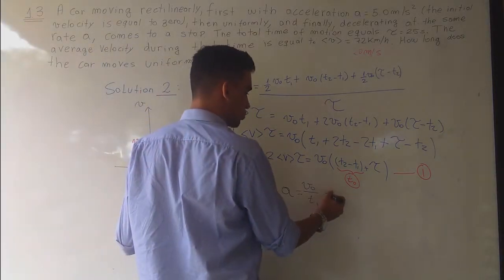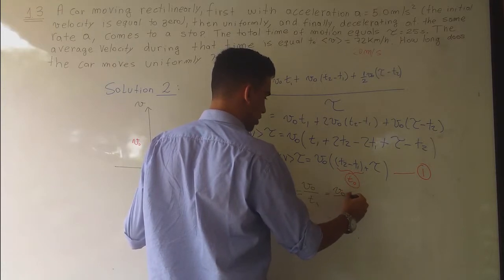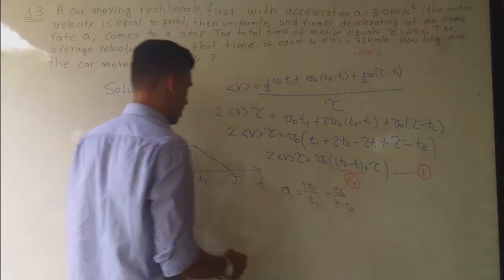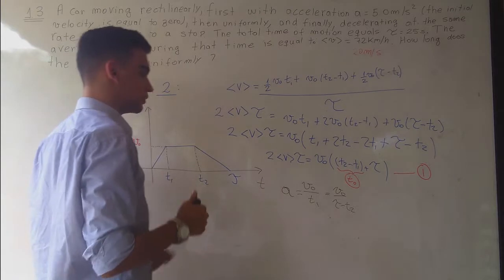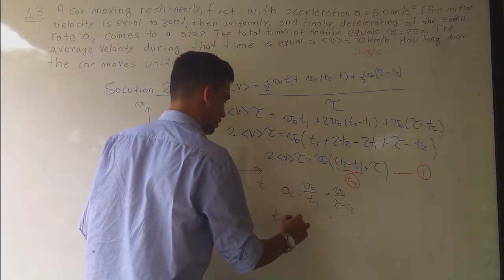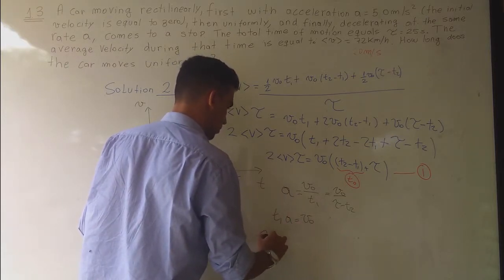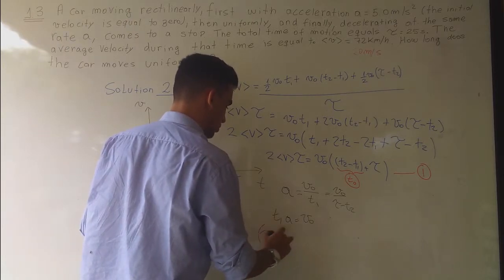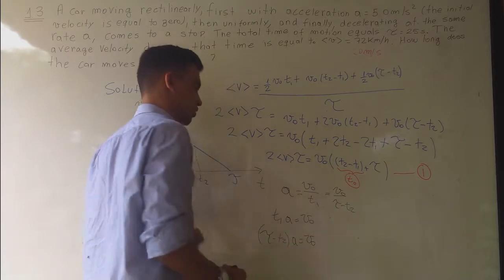That is also equal to V0 upon tau minus T2, as this time is equal to this time. So A is equal to V0 upon tau minus T2, so tau minus T2 times A is equal to V0.